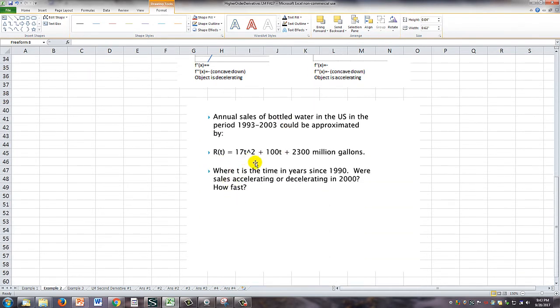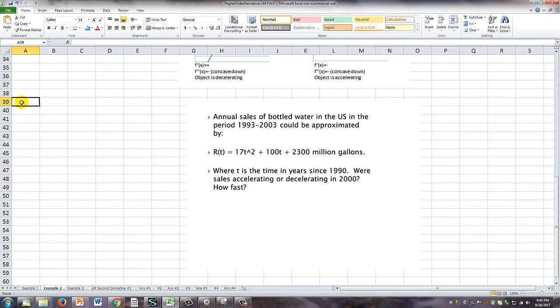So look at this example. Annual sales of bottled water in the U.S. in the period 93 to 2003 could be approximated by this, in million gallons, where t is time in years since 1990. Were sales accelerating or decelerating in 2000, and how fast?